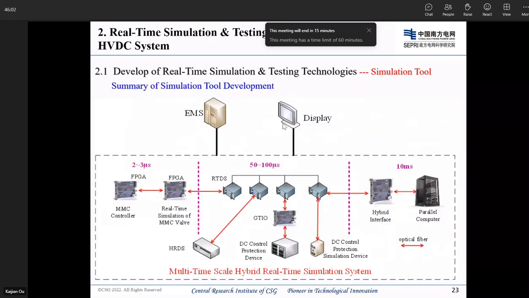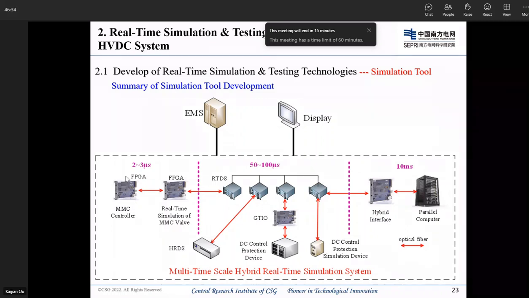So we have a summary of the simulation tool development. Just now I introduced that we can have three types of real-time simulation. The first type is that we use FPGA to simulate MMC.